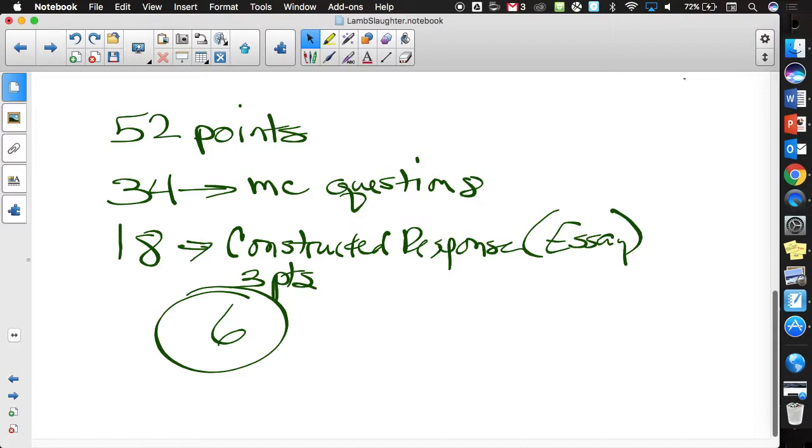For example, say you get 24 points from the multiple choice, and 13 points from the constructed response, that gives you a grand total of 37, and you're going to be passing. It's not an impossible task whatsoever to pass. Some passages you'll probably find easier or harder than others, but it's certainly not impossible.